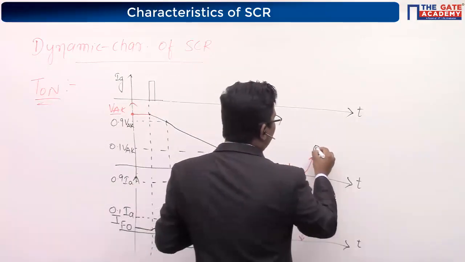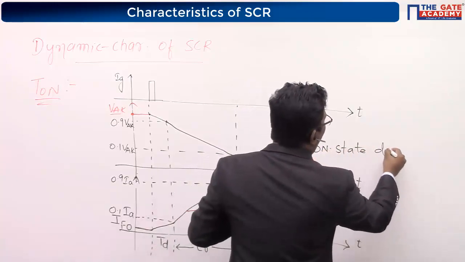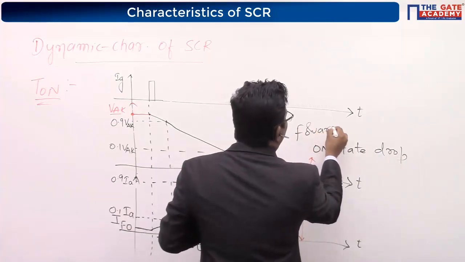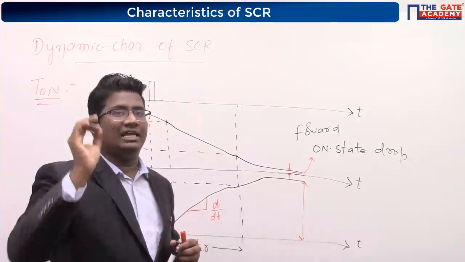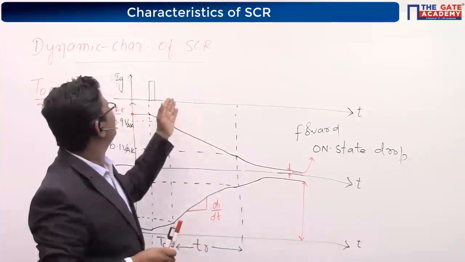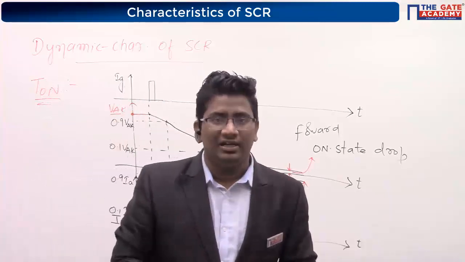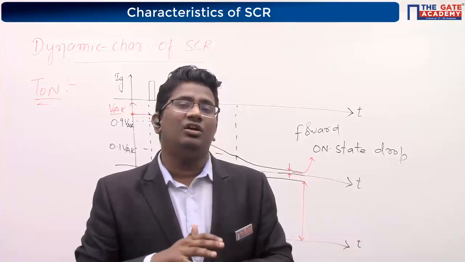This is called on state drop. That too where? Forward on state drop. It is not IRR. Why? Because it is forward. During forward bias condition, why would you get reverse recovery current? The reverse recovery current, are you getting it in reverse bias condition or forward bias condition?